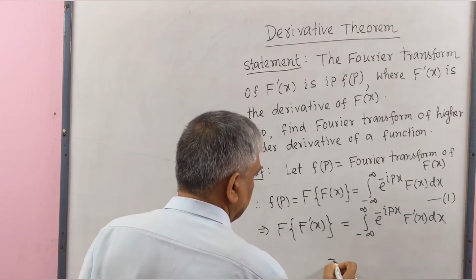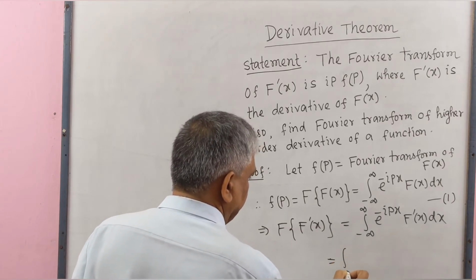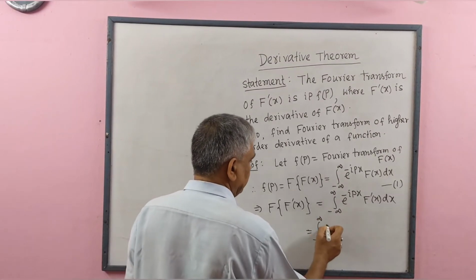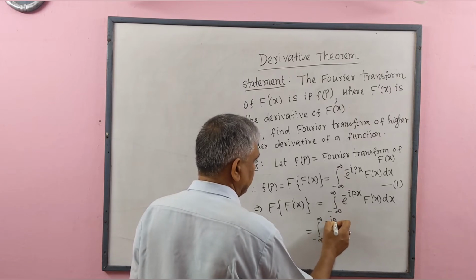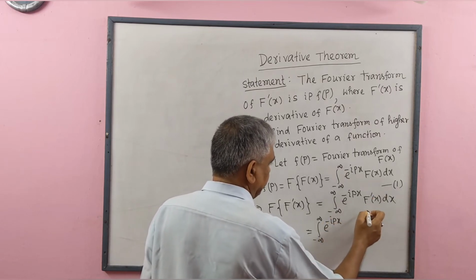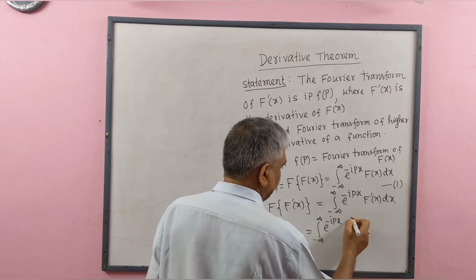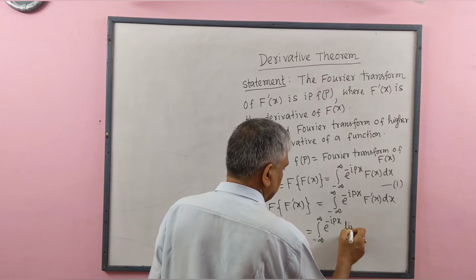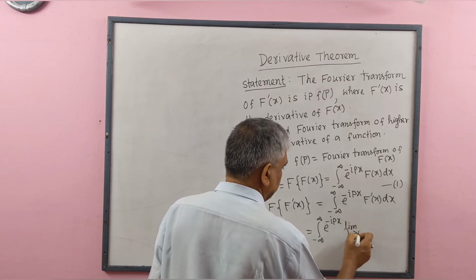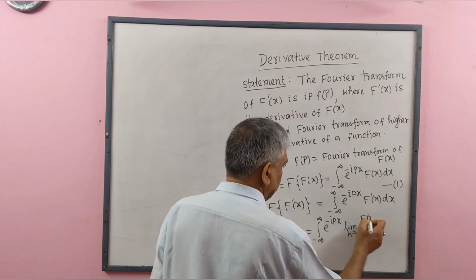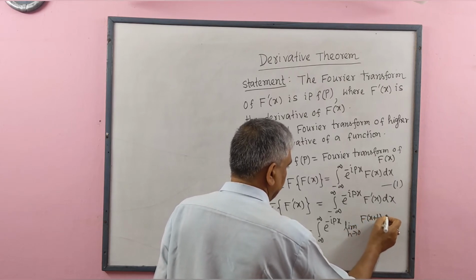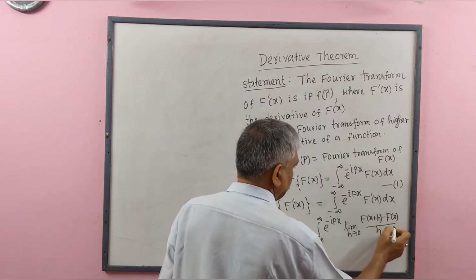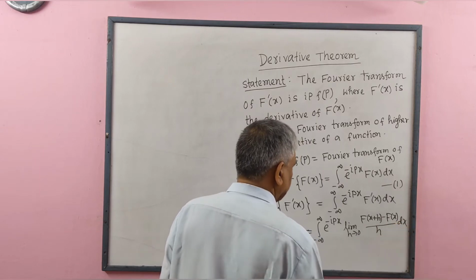This equals the integration from minus infinity to infinity of e to the power minus ipx times the derivative of f(x). We may write this as limit h tends to 0 of f(x plus h) minus f(x) by h, dx.